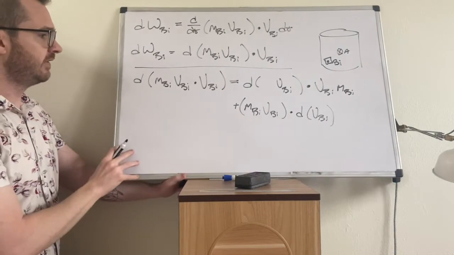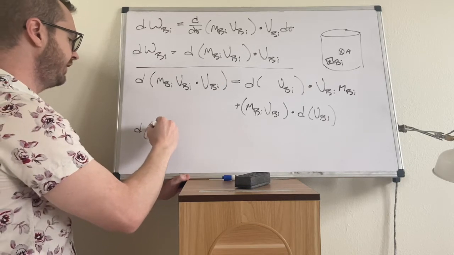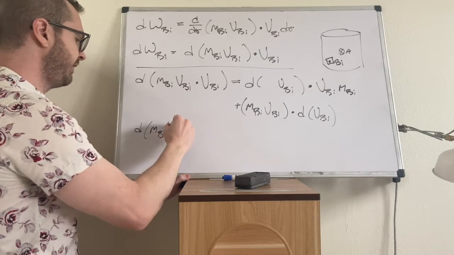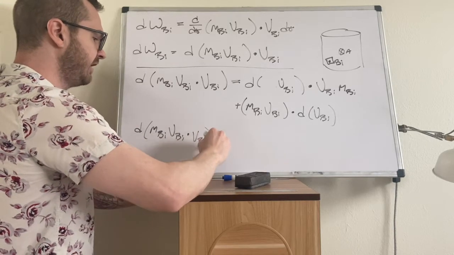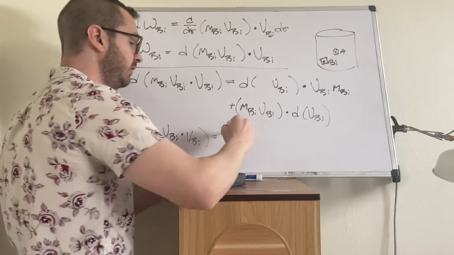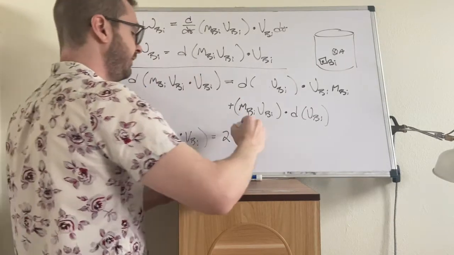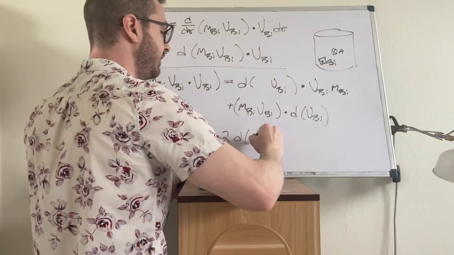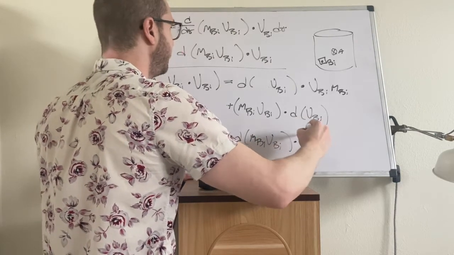So this product rule expansion from above, the full derivative of MBI VBI dot VBI, is equal to 2 times this, in fact, d MBI VBI dot VBI.